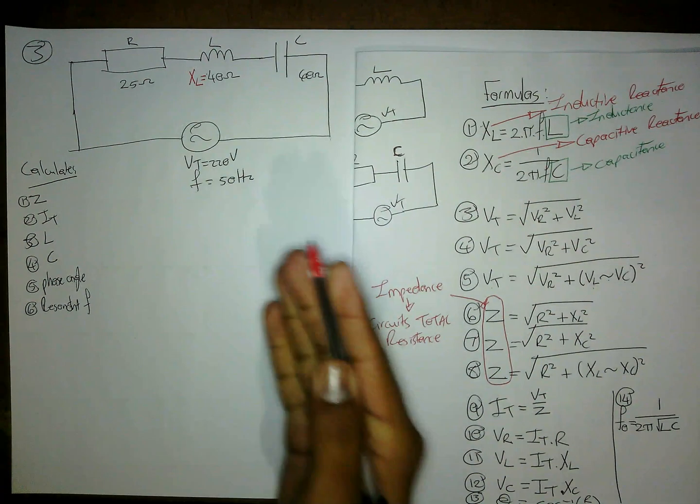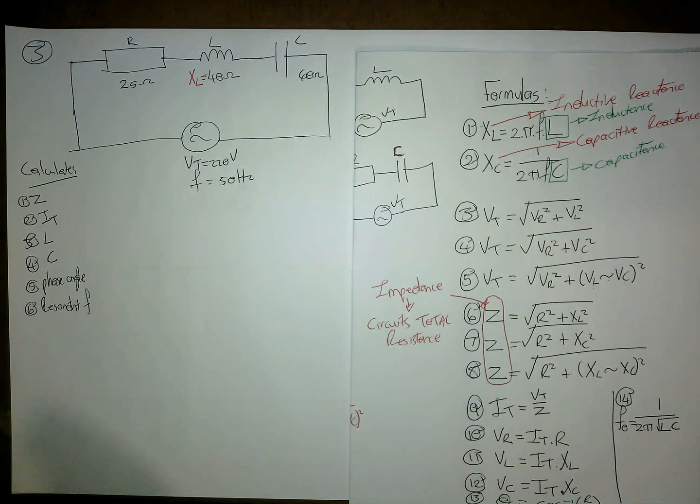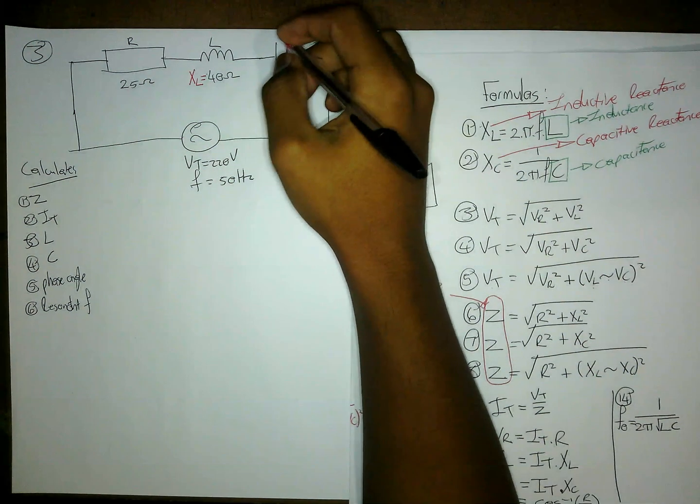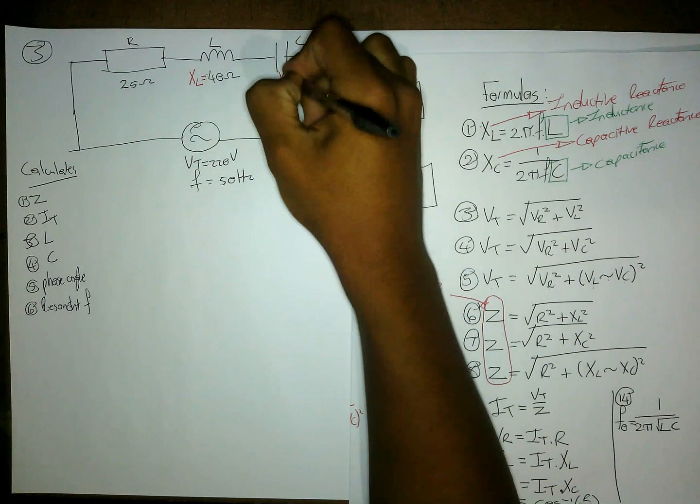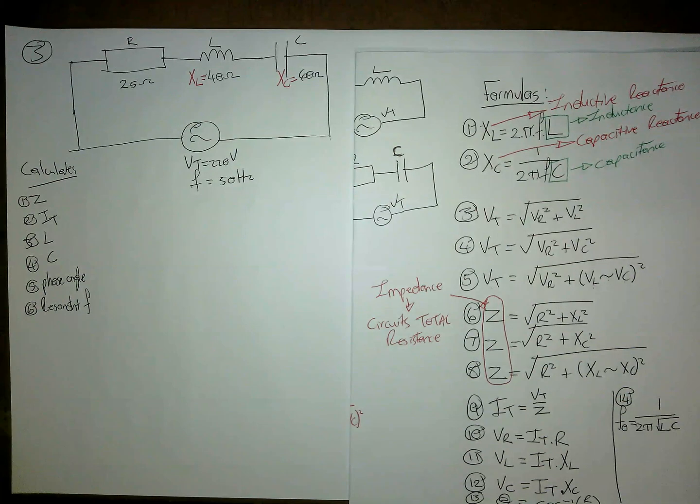That means that my 60 is called my XC value. This is how you must evaluate your circuit and the given information. This is your first step: to observe what you have been given.